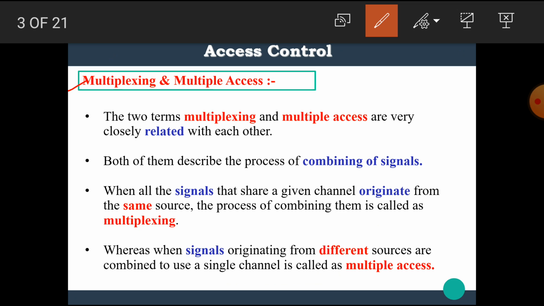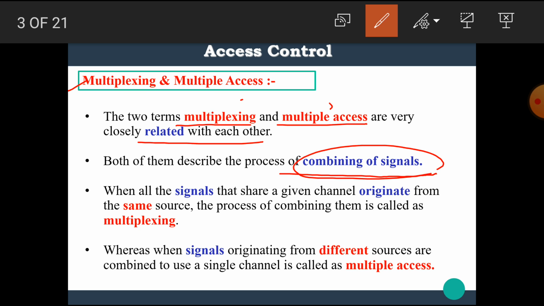First of all, we have to know the basic difference between the terms multiplexing and multiple access. The two terms are very closely related with each other. Both of them describe the process of combining signals.